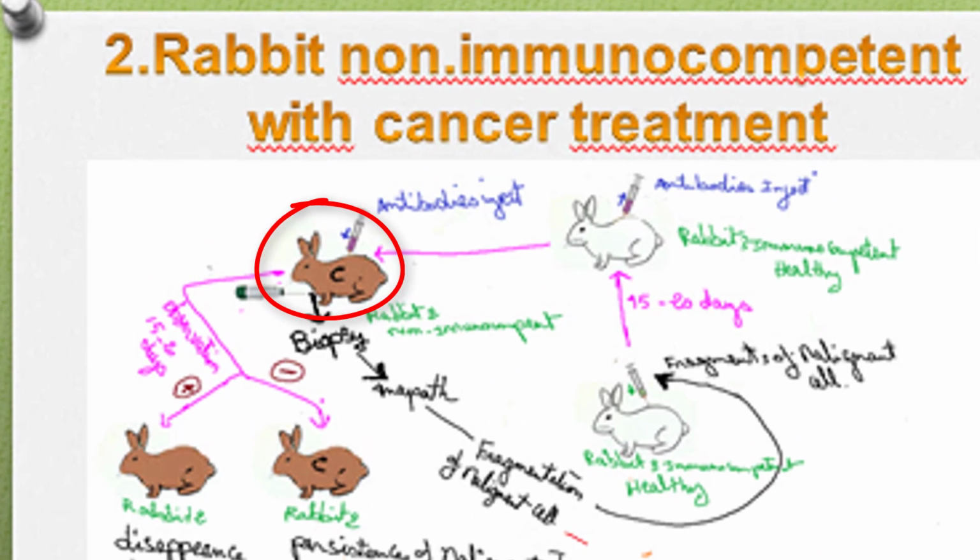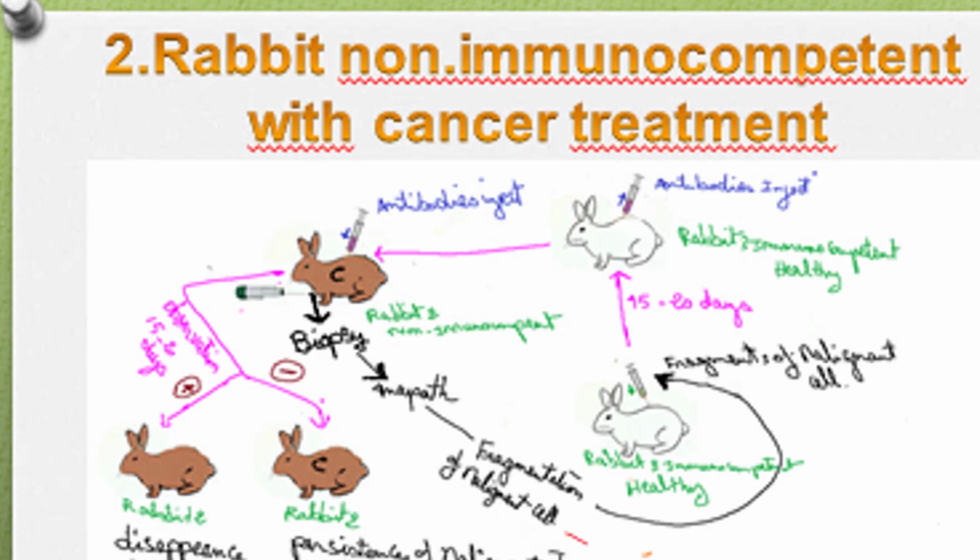Rabbit 2 with cancer, non-immunocompetent. First, we do a biopsy, then ANAPAD for confirmation of malignant cells. After ANAPAD, we do fragmentation of the malignant cells in the laboratory.